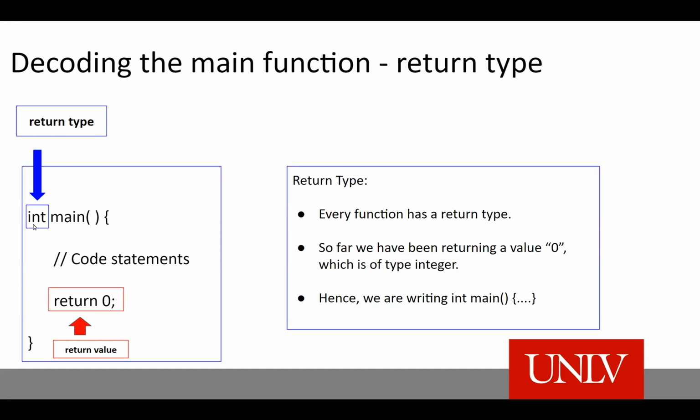This is a way of telling what this function will return. This function will return something of integer data type. And how do we return that value? By using this return keyword, space, whatever the value that you want to return. So this is what we have noticed so far in the main function.